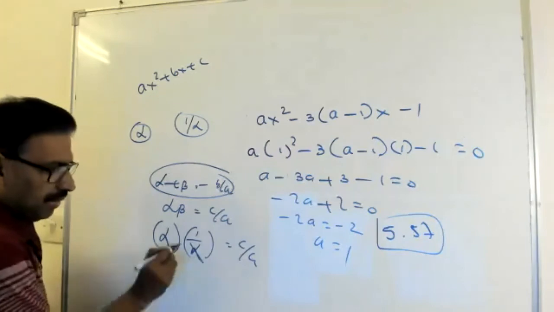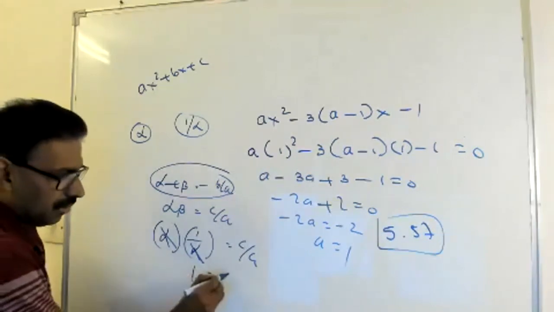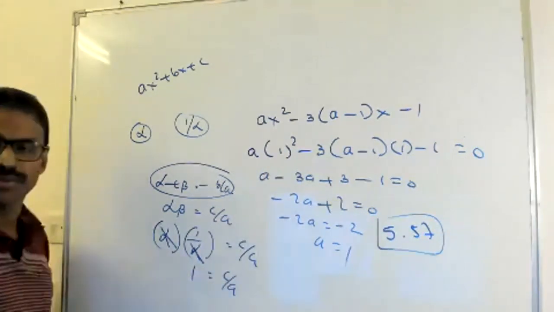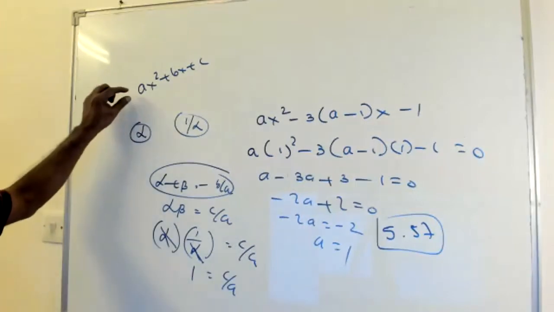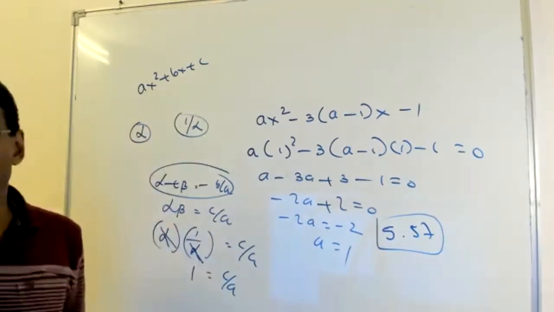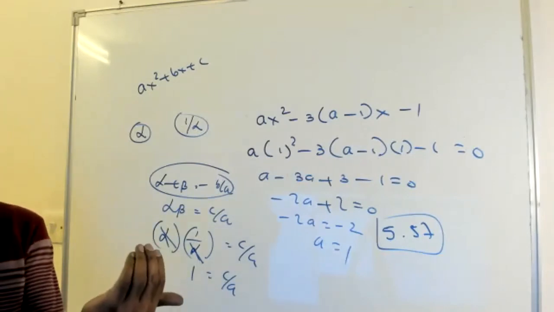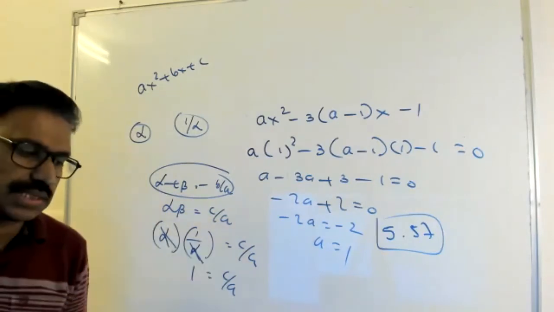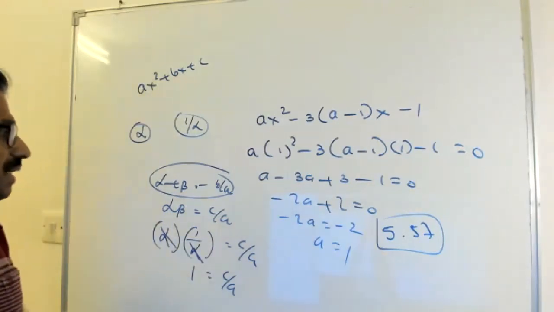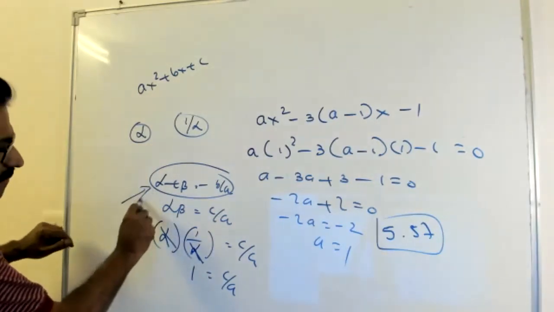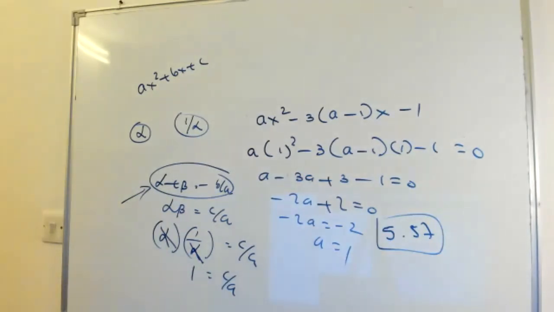Alpha and alpha cancel, 1 equals c by a. So we get c equal to a. That means the coefficient of x square and the constant term will be equal. Now clear or not? Yes, sir. If the zeros are negatives of each other, then you use the sum. Check each question, check it.